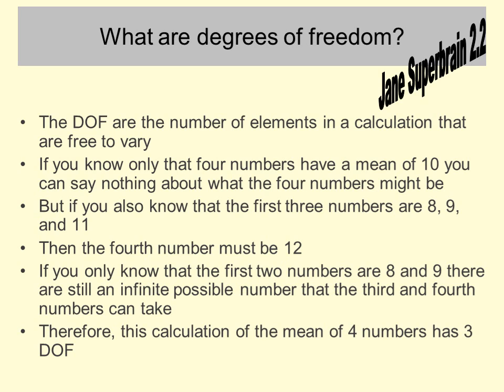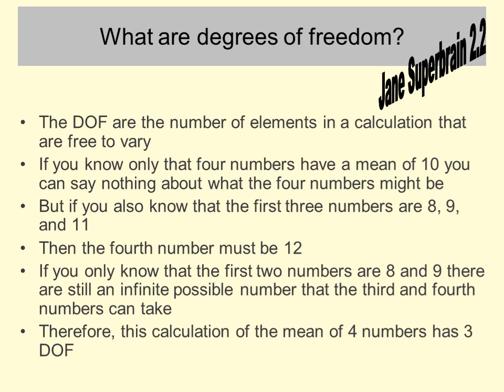But if you were given the additional information that the first 3 numbers in the set of 4 are 8, 9 and 11, then in order to get a mean of 10, the 4th number has to be 12. If, on the other hand, you were only given the information that the first 2 numbers were 8 and 9, and 2 numbers remained unknown, then there'd still be an infinite number of possible pairs of numbers that could make up those 3rd and 4th places in the set.